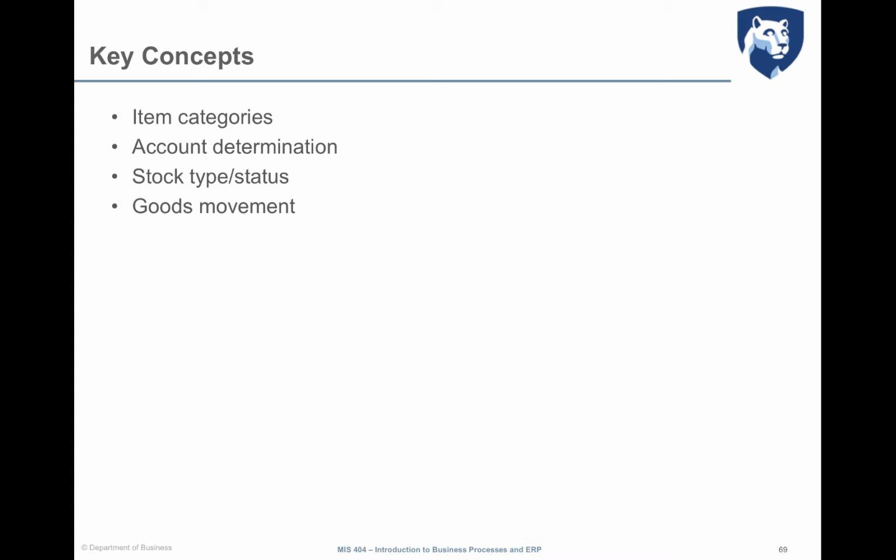Then we will need to understand material usability by distinguishing stock type and status, and finally, how we can classify the goods movement when materials are received, stored, shipped to customer, and so on.